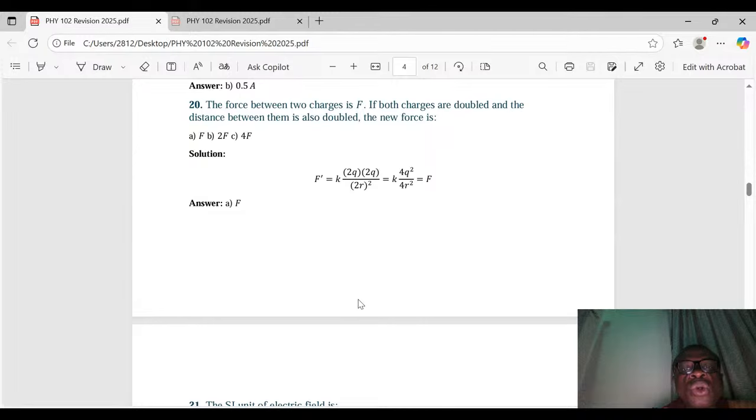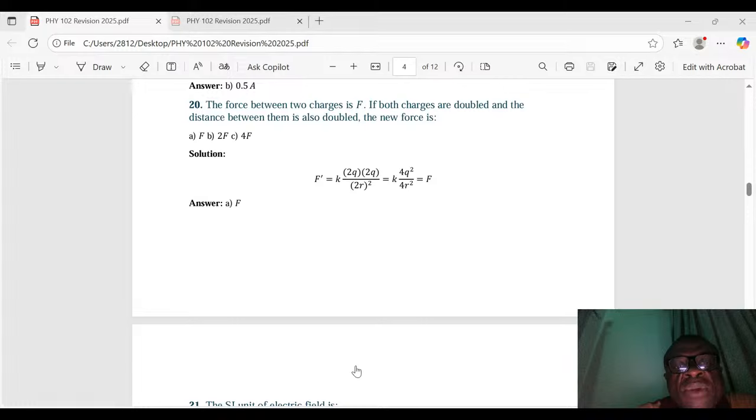Question 20. The force between two charges is F. If both charges are doubled and the distance between them is also doubled, the new force is A, F, B, 2F, C, 4F. So looking at this, we have 2Q all over 2R squared.